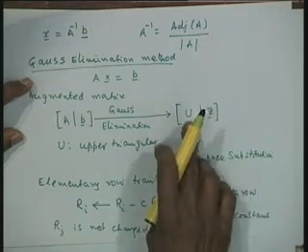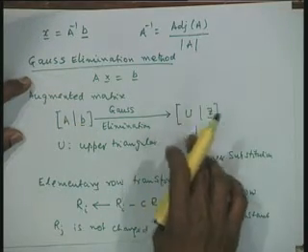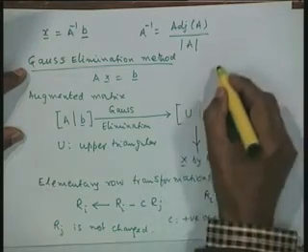If I reduce A to U, the upper triangular matrix, the determinant of U would be the product of diagonal elements, because U is upper triangular.